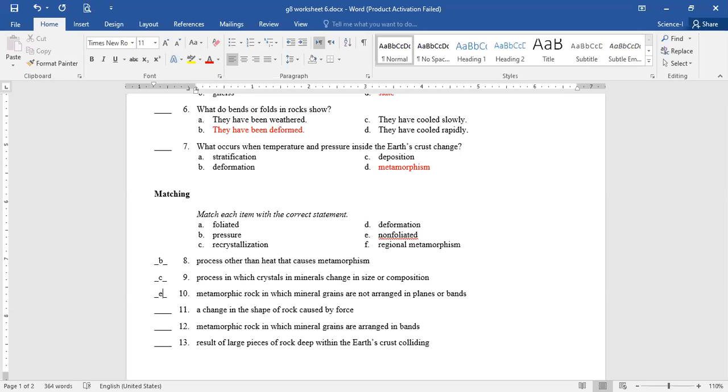Question 11: a change in the shape of rock caused by force. What about others, guys? Yusuf? D, deformation. Good. Then question 12: metamorphic rock in which mineral grains are arranged in bands.